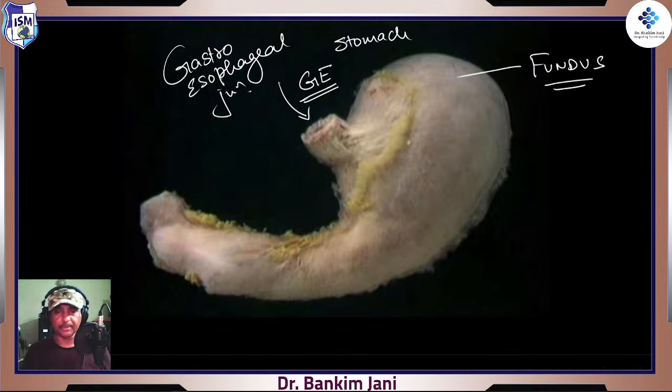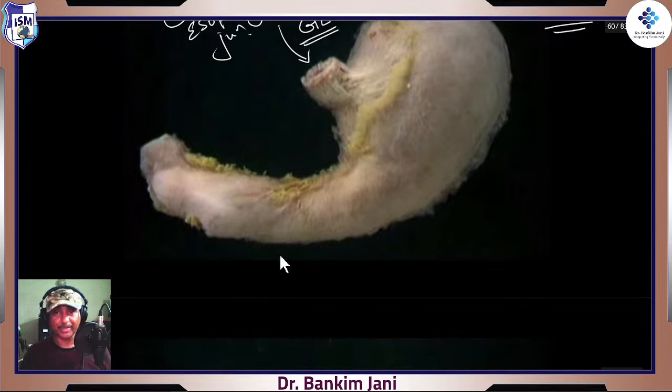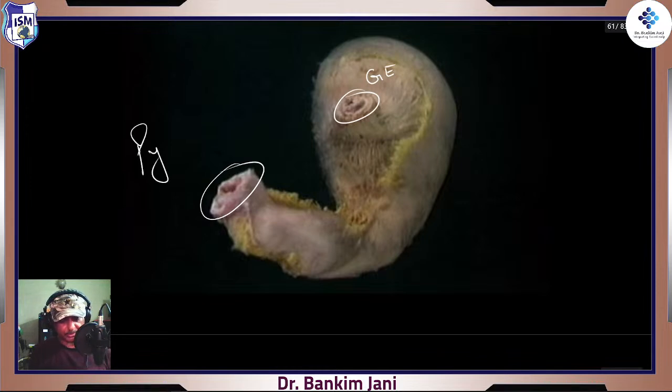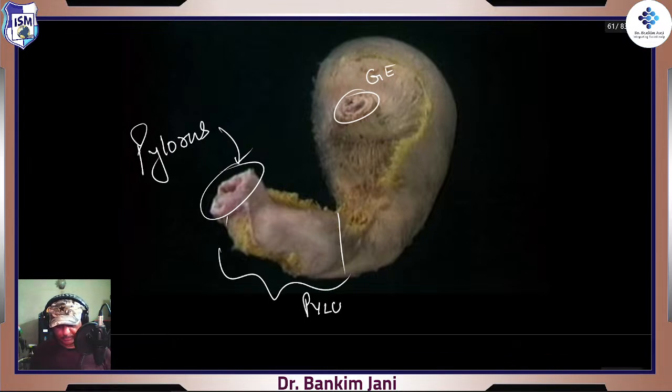That's the shape of the real stomach, it is like a bag. Another angle: this one is the gastroesophageal end, and the other end is called the pylorus. This area is called the pyloric antrum.